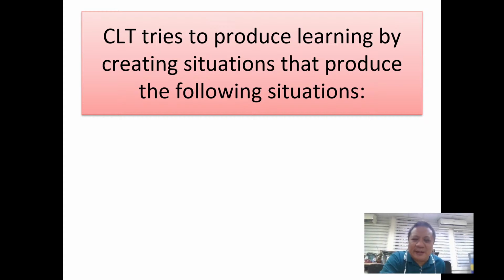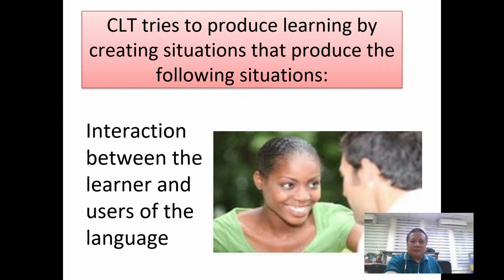Now, as a language teaching method, communicative language teaching tries to produce learning by creating situations that produce the following. First is interaction between the learner and users of the language.